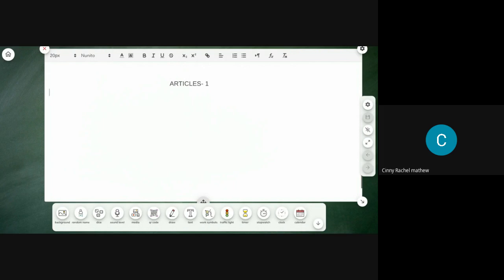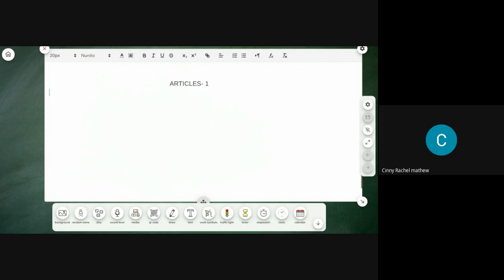The article a is used before consonant sounds. The article an is used before vowel sounds. The article the is used when we have to point to something specific.